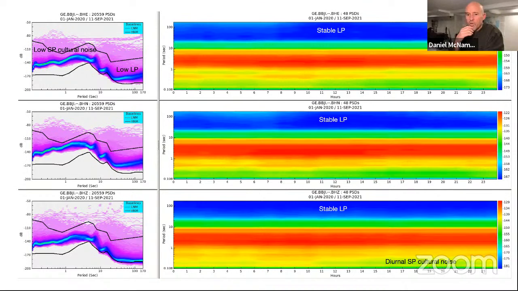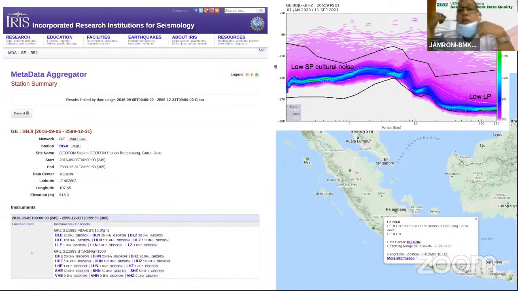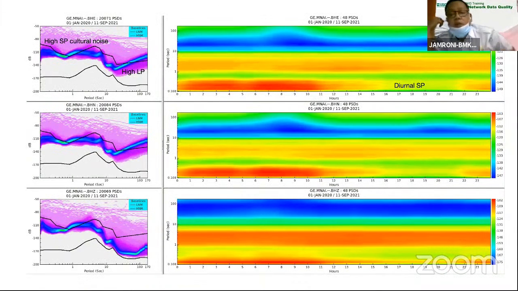The vertical and the horizontal? Yeah. The spectrogram for horizontal and vertical component in this slide is very stable, but in the previous slide, there's a difference between the vertical and horizontal component.